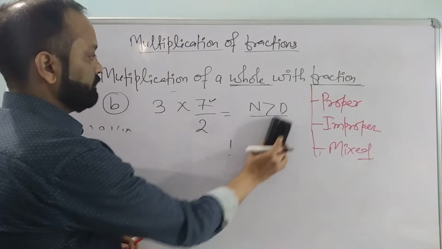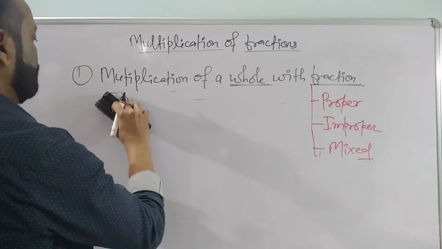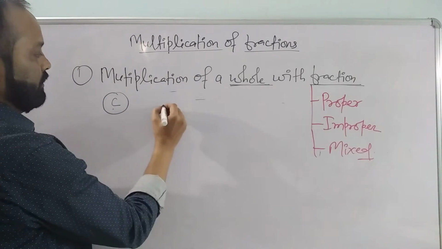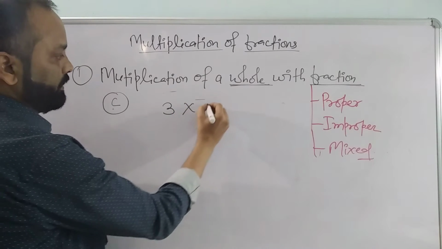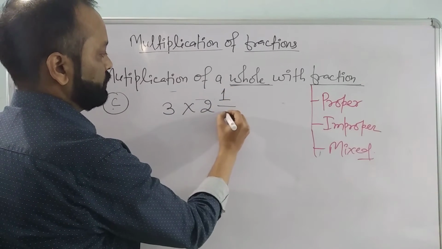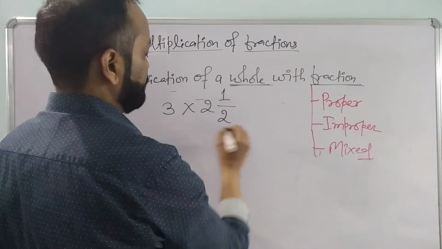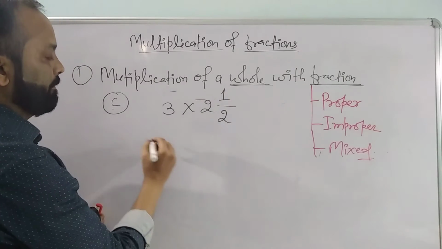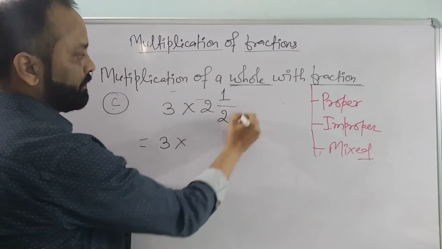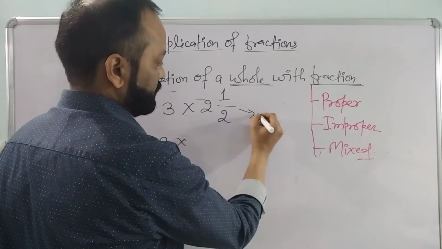Now we will understand the third case, mixed fraction. So the whole again is 3, and let's suppose I am having one mixed fraction, 2 into 1 upon 2. This is a mixed fraction. So now firstly we need to simplify this or convert this into an improper fraction.